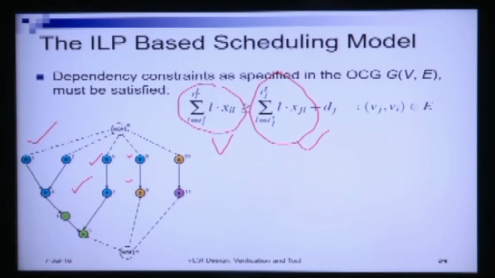So, the propagation delay of operation J plus the start time of operation J should be the earliest start time of operation I. This is what it says.